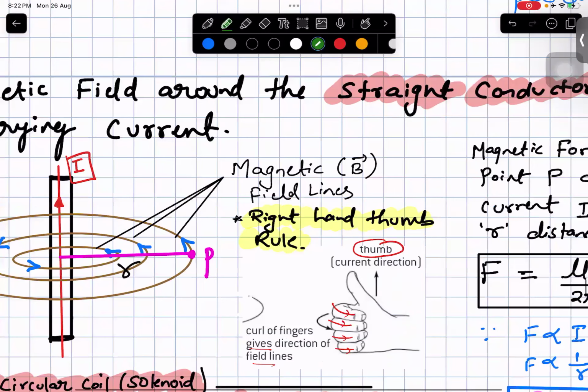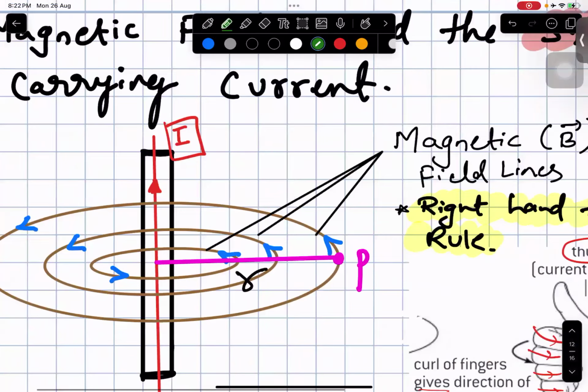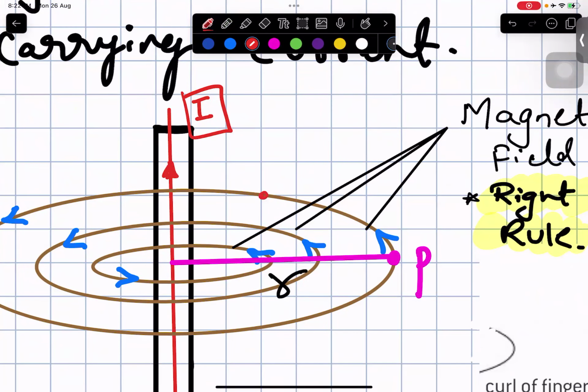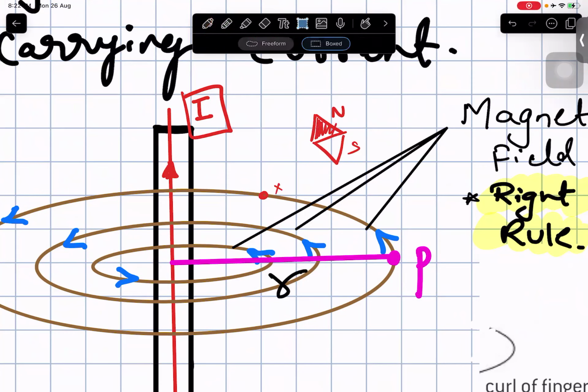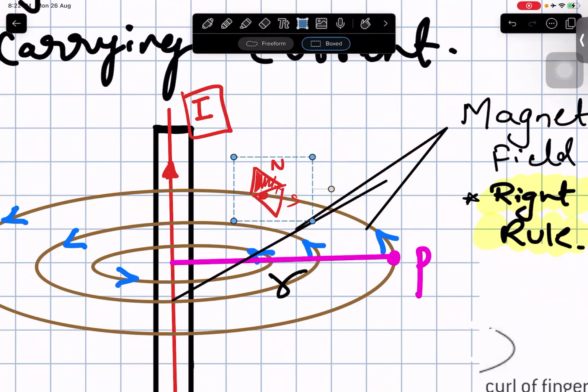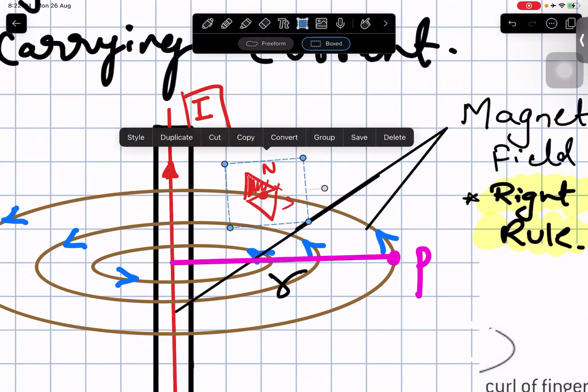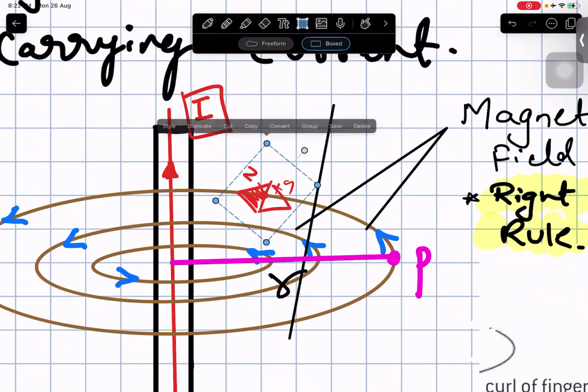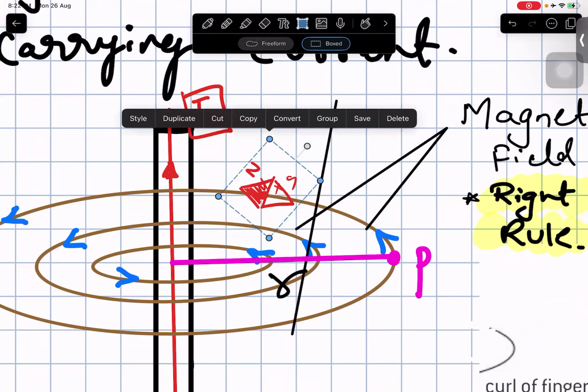Then, as you can see over here, if I place a compass at this spot, the compass will always have these two poles, right? North and south. So how do we determine the direction of the north pole at this point? Let's call it x. When you place the compass at point x, the tangent drawn in that direction will give you the direction of the north pole.